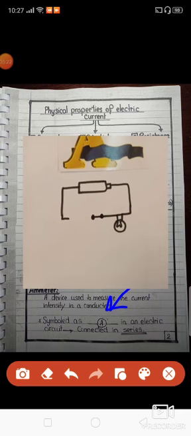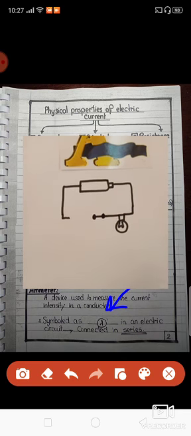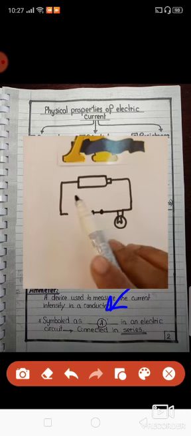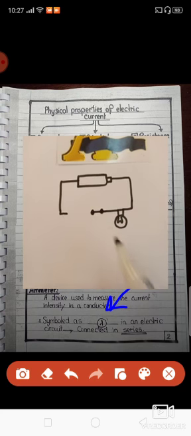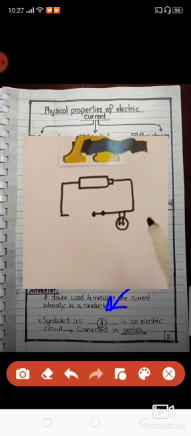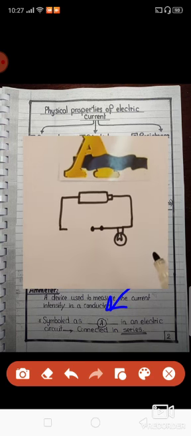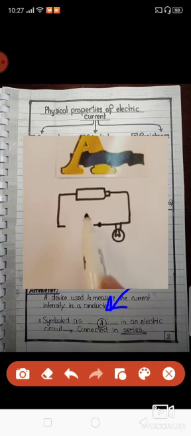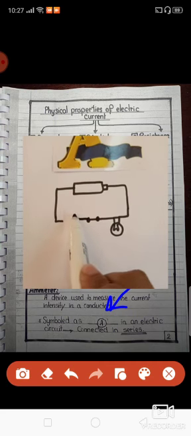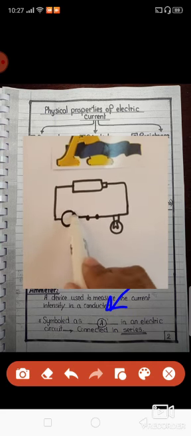As you can see here, this is an electric circuit. A simple electric circuit consists of a battery, electric wires, a lamp, and a switch. And I want to measure the electric current intensity passing through the wires, so we use the ammeter. The ammeter can be put here, and this is its symbol.